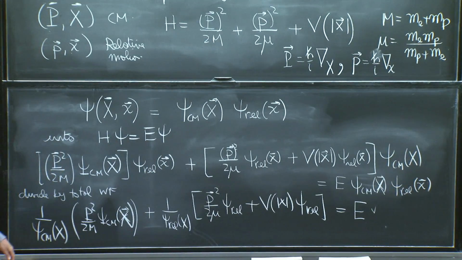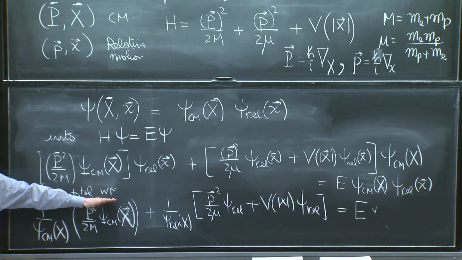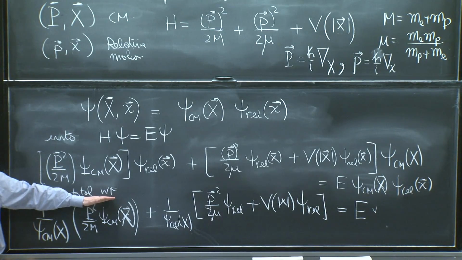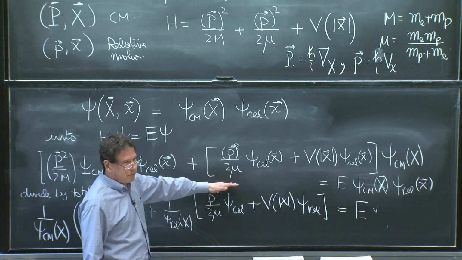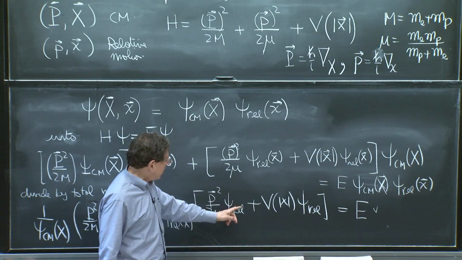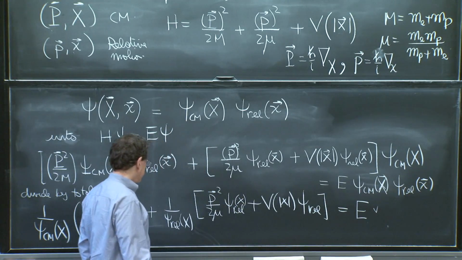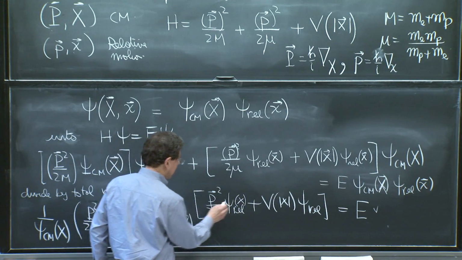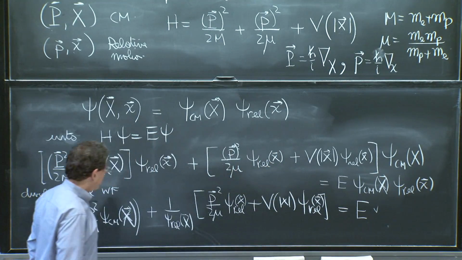Now, what is funny, of course, is the argument you've heard several times. This first term depends just on the capital X coordinates. The second term depends just on the lower x coordinates, small x coordinates. I didn't write them in some places, but here they are.